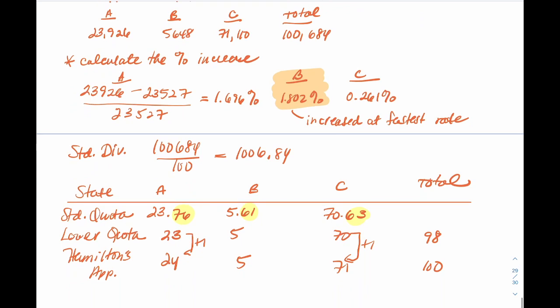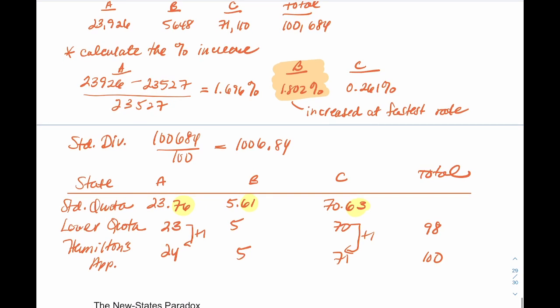Because state B had the fastest increase in the population, you would think that they would either maintain the number of seats apportioned or gain more. But even though their population increased at the fastest rate, they lost a seat. Okay, and that's the population paradox.